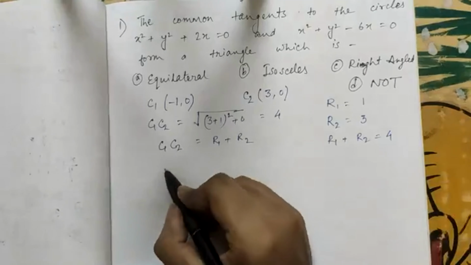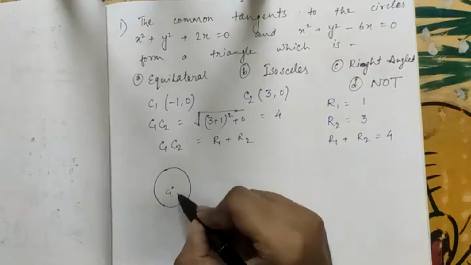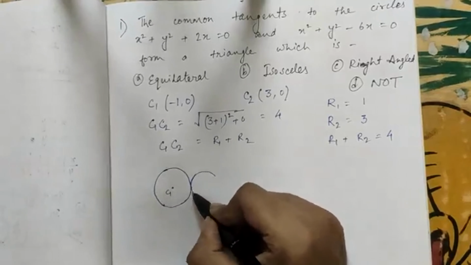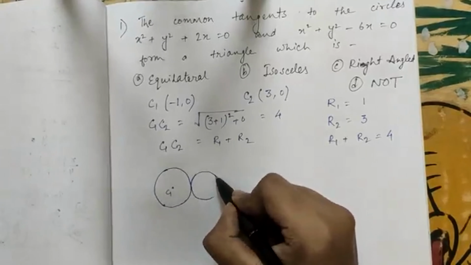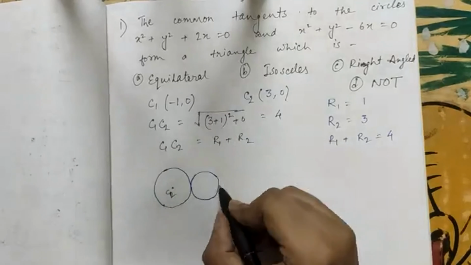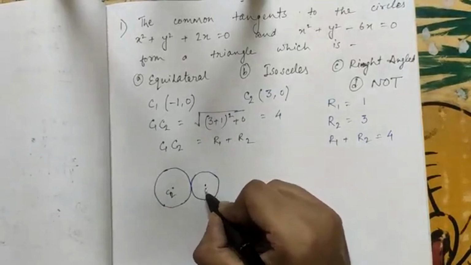So can't we say that this diagram is correct? Let me call this the first circle, and this the second circle. Sorry, this will be my second circle because it's the bigger one, and this is my first circle C1.